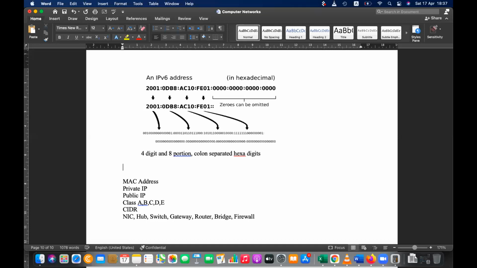Okay, small calculation. Please write down this as a question. There are 3 devices in a network environment.